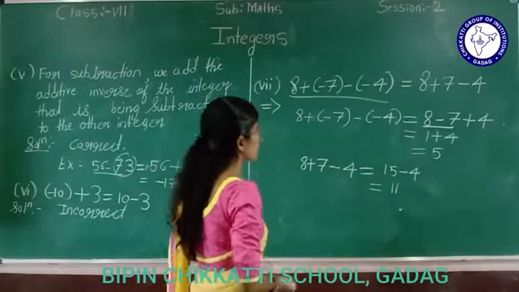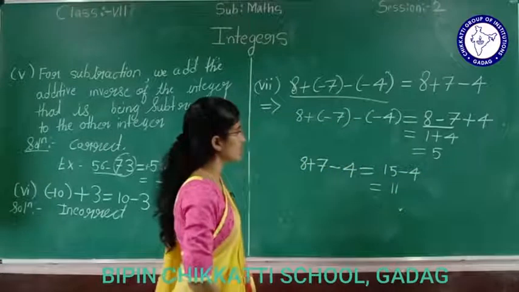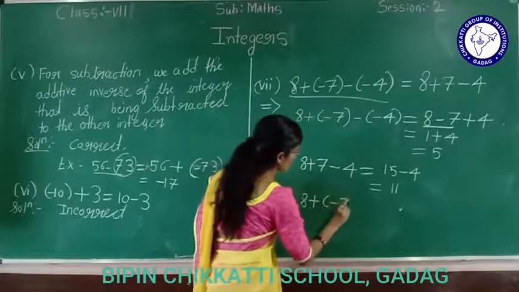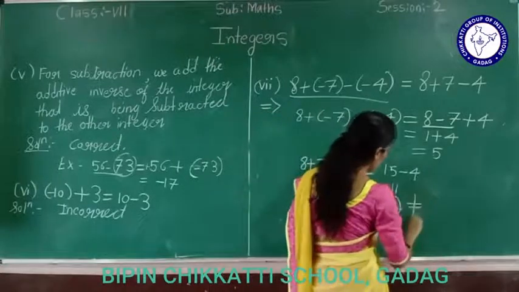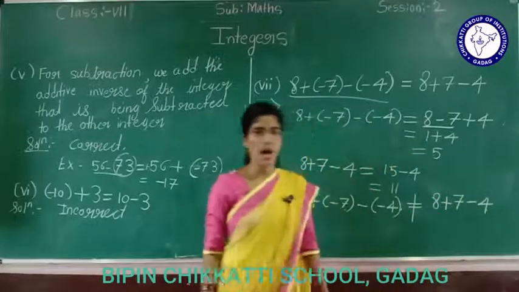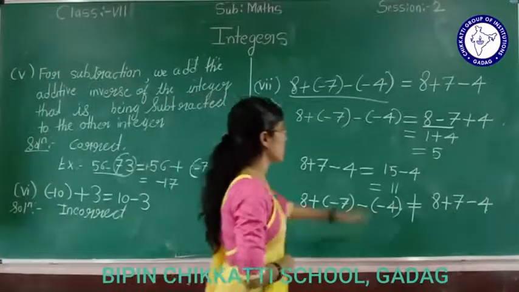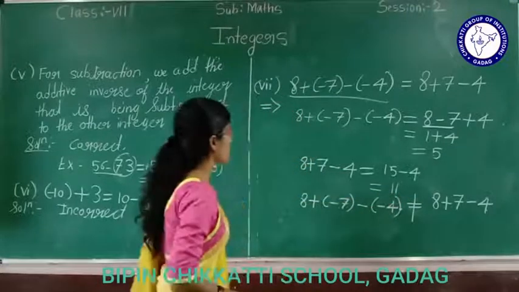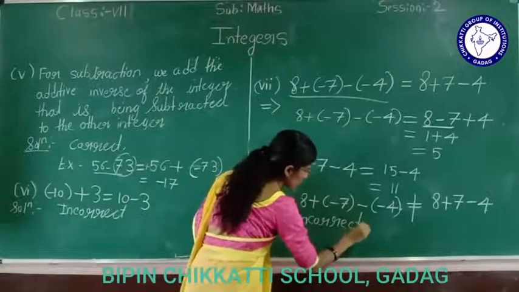Now you can see that here we are getting 5, here we are getting 11. See, this is not equal. 8 plus minus 7 minus of minus 4 is not equal to 8 plus 7 minus 4, because we are getting different answers. Here 5 and here 11. This is incorrect.